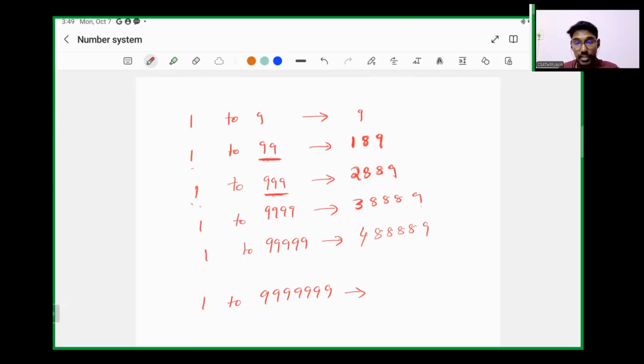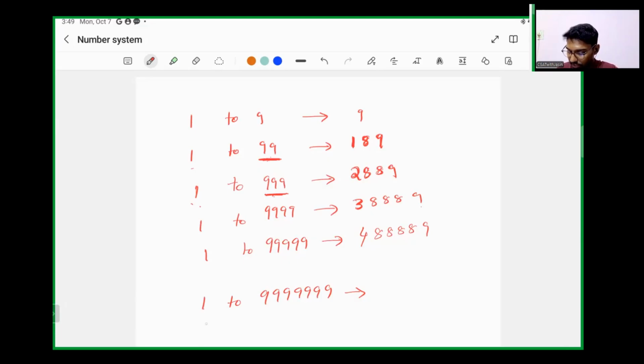In other exams or even in UPSC, they can ask how many digits are there from 1 to the largest 7-digit number. Or it can ask, all the natural numbers are taken till the largest 7-digit number, how many digits are there? You can ask directly like this. So if you know this pattern, it will be very easy for you.